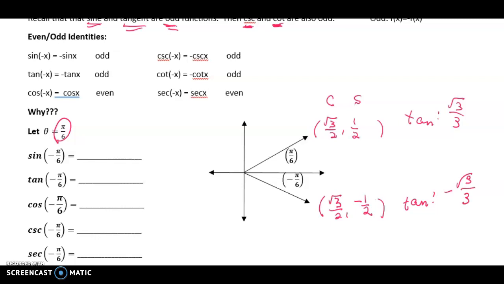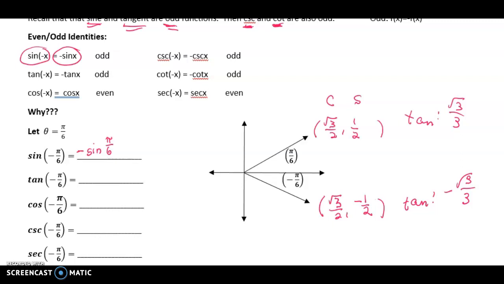Okay, so let's see if we can look at these rules and see if they work. So the sine of negative pi over 6. The sine of a negative angle, it says we should be able to bring the negative out and find the sine of positive pi over 6.